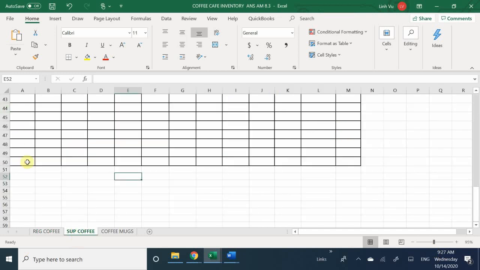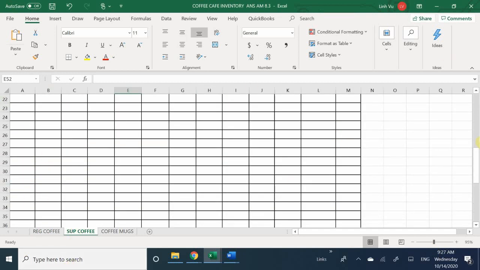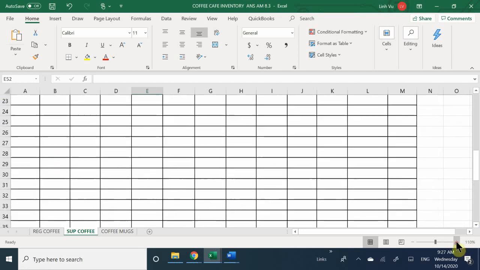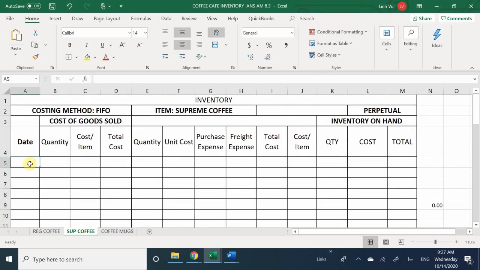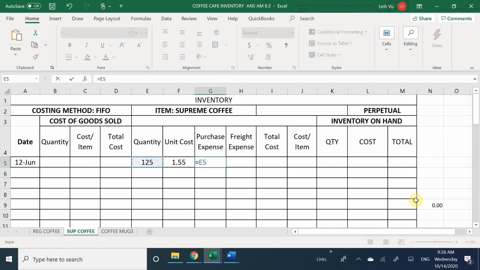We're also going to update our Supreme Coffee because we've also received it. We obviously know that it's going to be FIFO, but let's go ahead and type in our information. So June 12th, we purchased 125 at $1.55 to get us a grand total of $193.75.